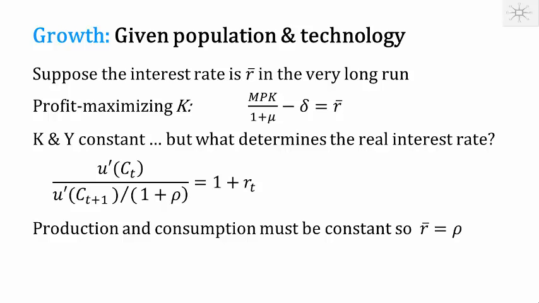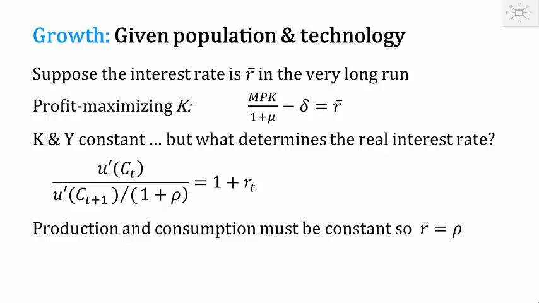We still assume that firms choose investment so as to maximize profit, and that means they will choose a capital stock that fulfills the profit maximization condition: the marginal product of capital divided by 1 plus the markup, minus the depreciation rate, equals the real interest rate, or the required return on investment. Of course, if technology and employment are constant, then this implies a constant capital stock.